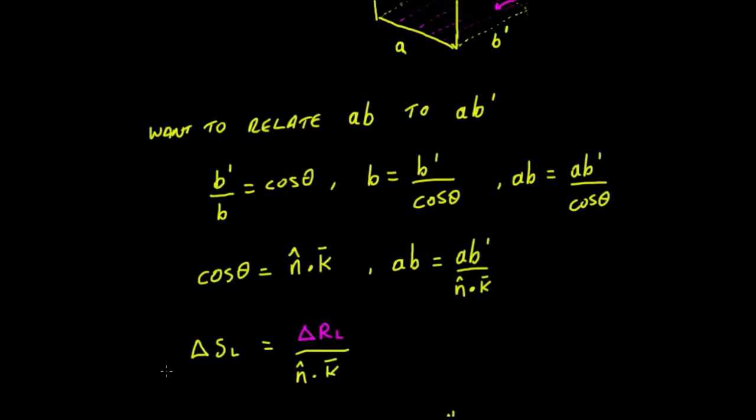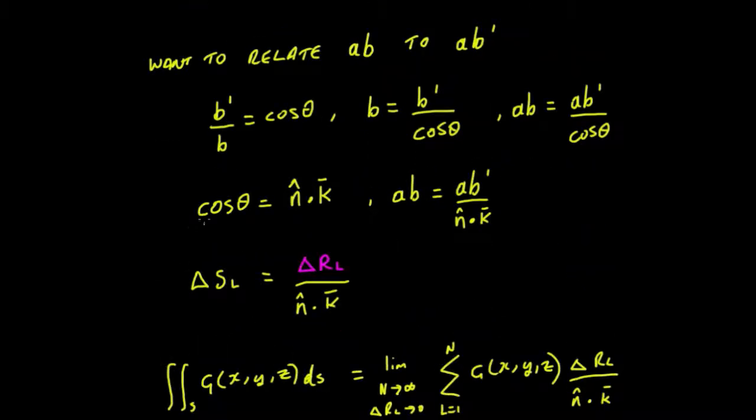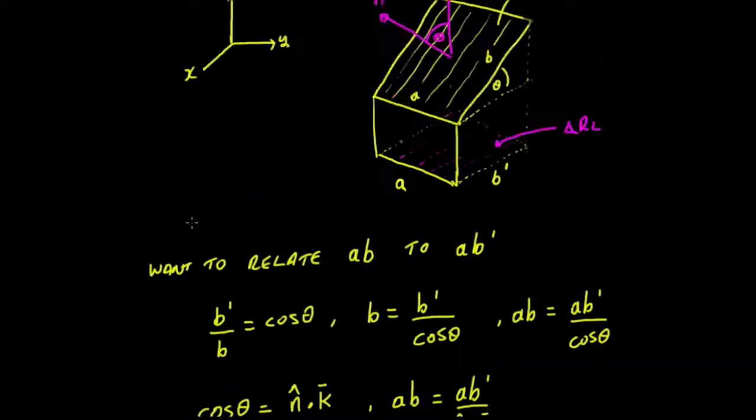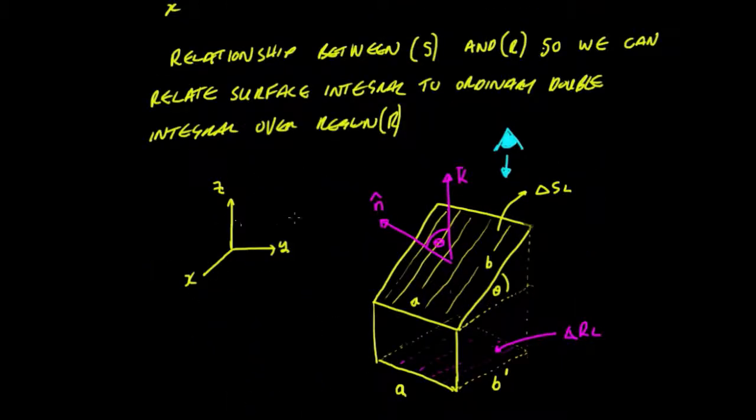Now here's another neat little trick which I think is quite nice. If we were to draw the normal component to this surface here, and then we were to draw the component in the z direction, which is the k component, then this angle here would be the same as this angle here. And we can get that angle by taking the dot product n dot k.